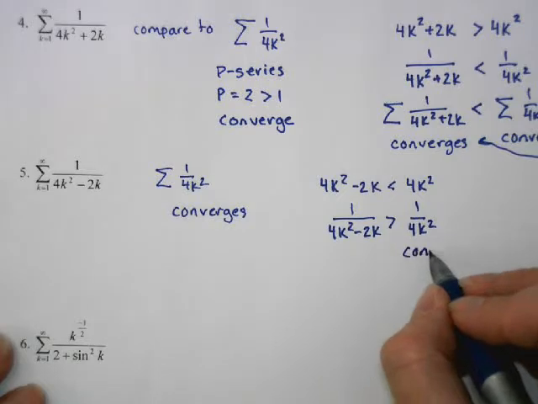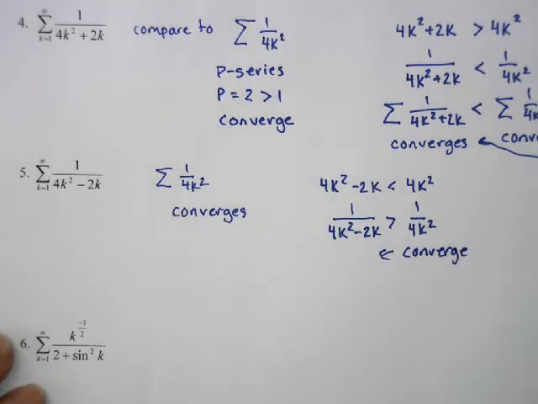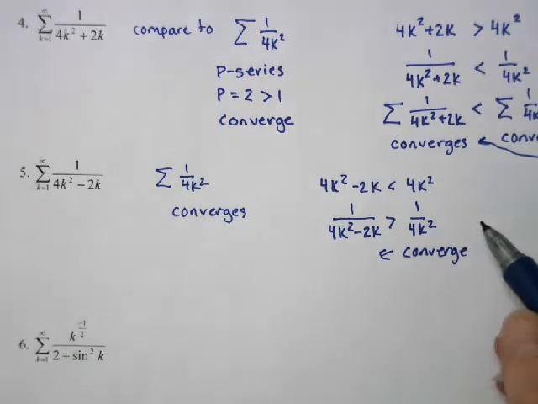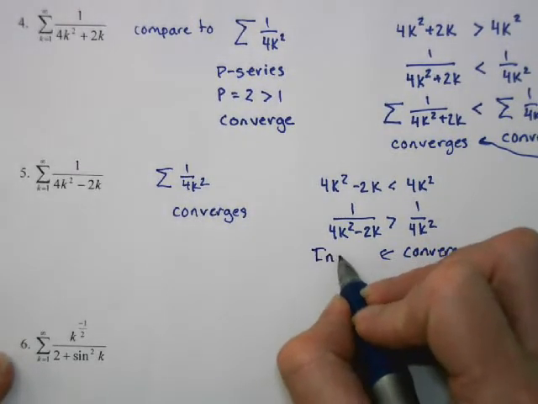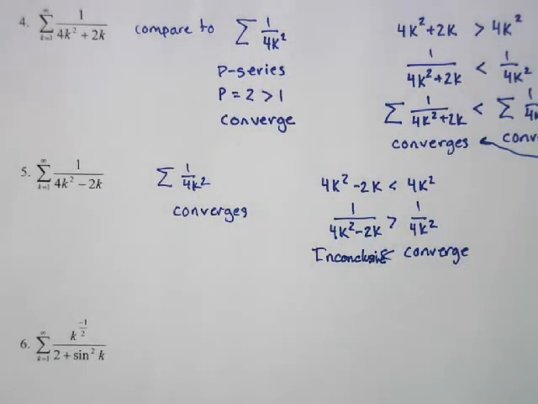If the smaller series converges, we're inconclusive. Just like the other one, if the small series converges, that doesn't tell us anything about the bigger series. So that's inconclusive, but again, we will revisit this with the limit comparison.